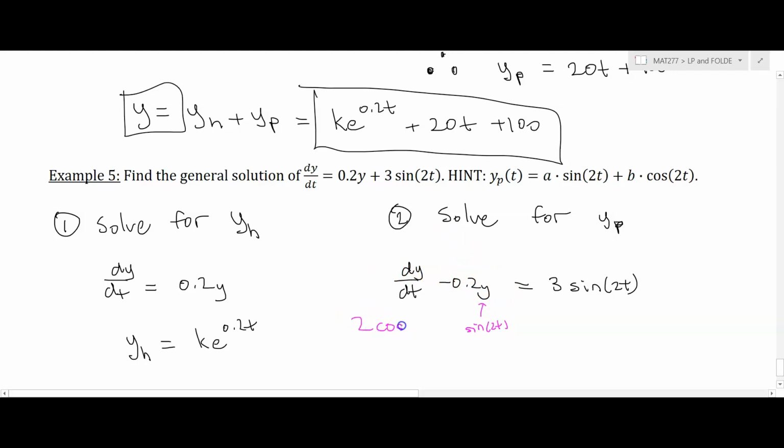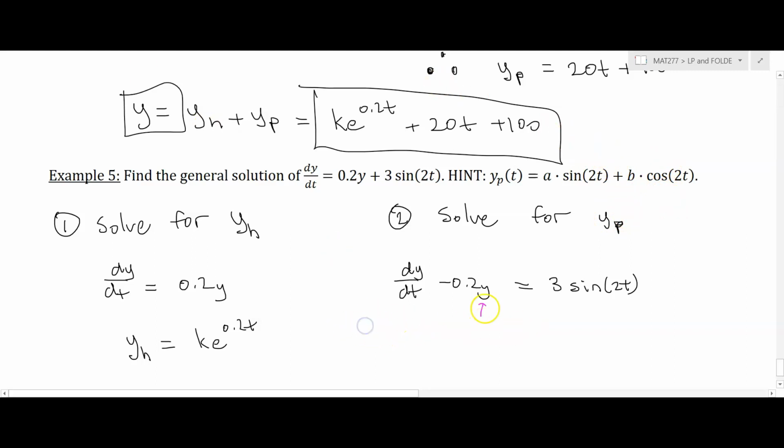It would be 2 cosine of 2t. And the problem here lies in the fact that I would have to add or take the difference between a cosine and a sine, and that's not going to leave me with a sine. The trick to dealing with that is that if you have both the sine function and the cosine function, then the derivative of y sub p will involve both a cosine and a sine function, and that will allow things to cancel out quite nicely.